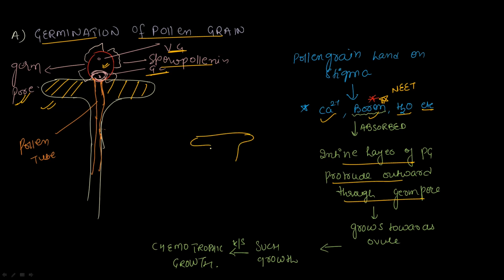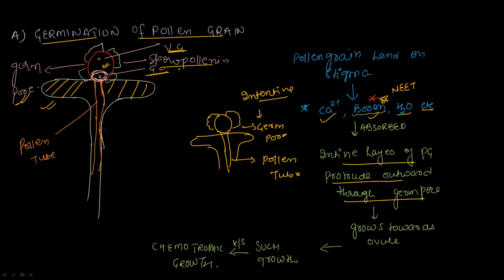If I draw the same image here, suppose this is the pollen grain and these are the sporopollenin. What happens? The entire inner layer will come out, and that will form your pollen tube. This is the important point: the entire layer comes out through the germ pore.